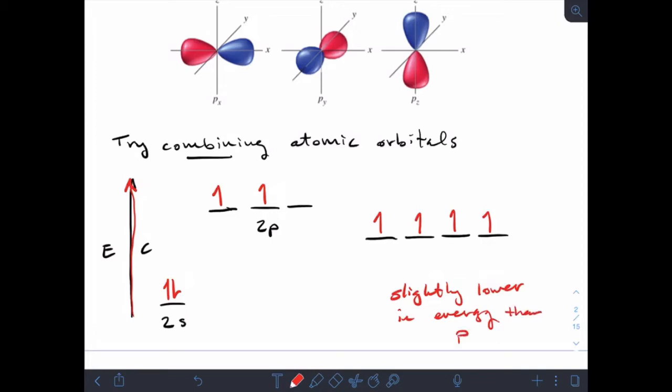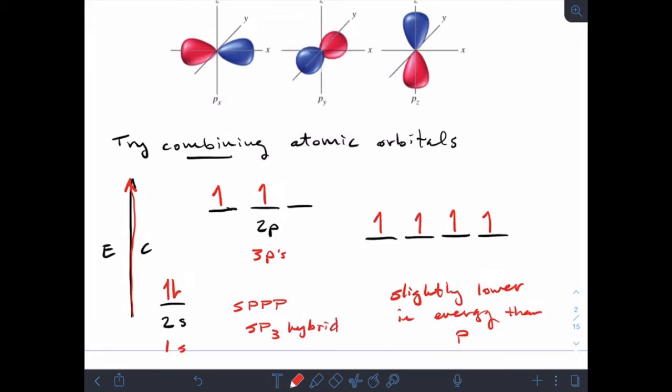Okay, so if I have 3 p's and 1 s orbital, if I combine those, what I get is s, p, p, p, or what we refer to as sp3 hybridization. Hybrid.